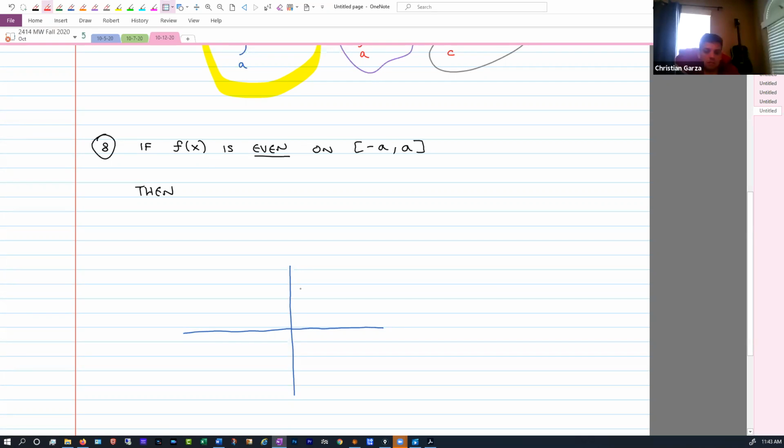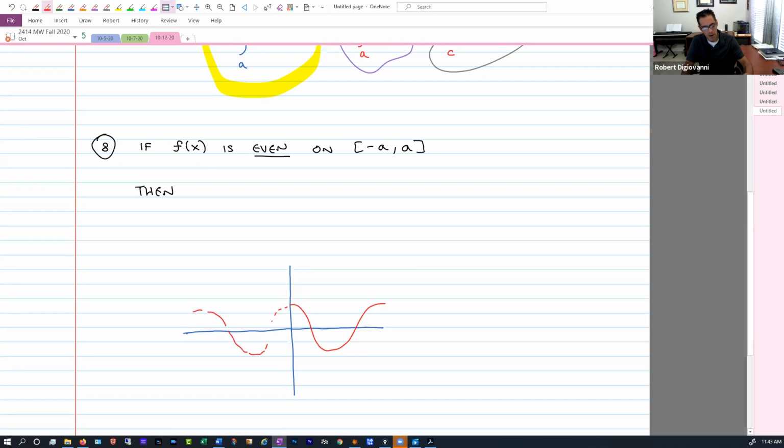Is it where it can be reflected over the y-axis? Exactly. Pretty much, even functions are reflections of themselves over the y-axis. So one example of an even function is cosine. If I start drawing cosine like this, then if you reflect that over the y-axis, that is the function. It is itself.